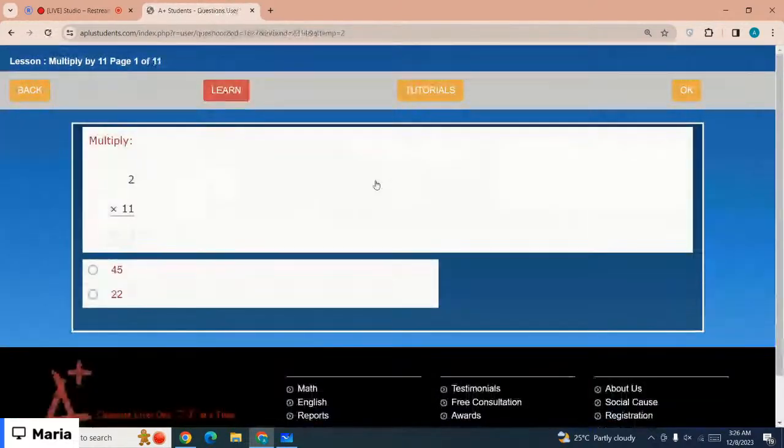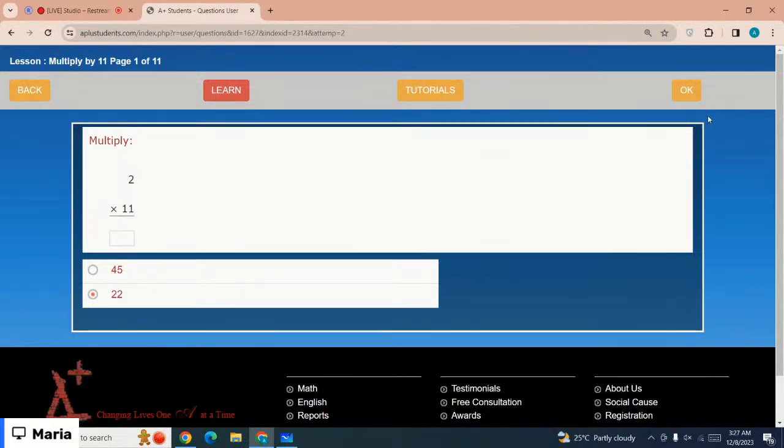Okay, 2 times 11 equals... The correct option is 22, because 1 times any number equals the same number.